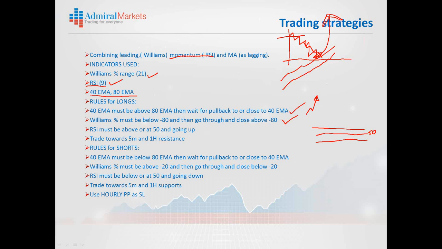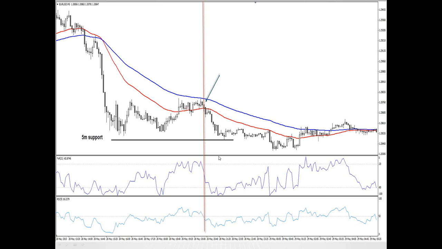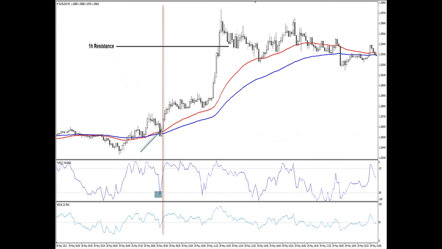We want the indicator, which is set at 9 periods, to be at 50 or above 50 and going up. We trade towards 5-minute and 1-hour resistance. This is a good example for long trades.